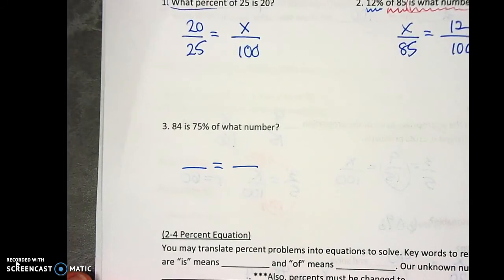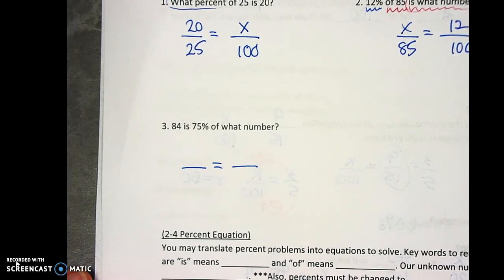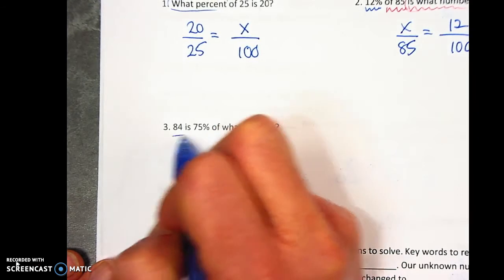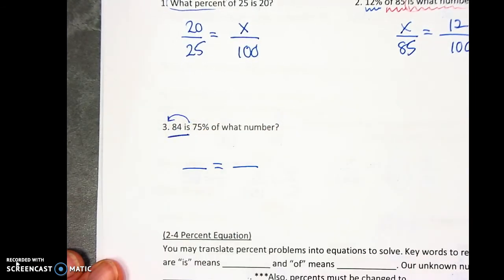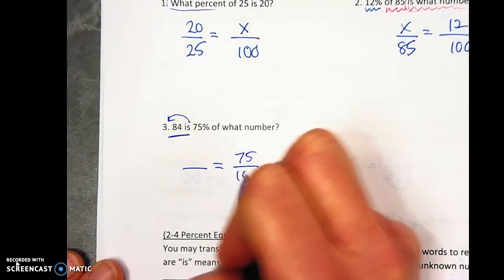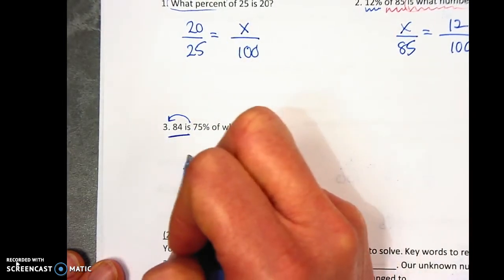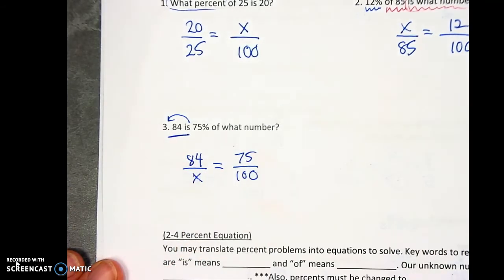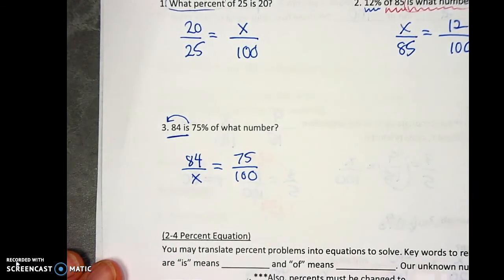And the third one, 84 is, now the is isn't always in front of, sometimes it's right after. 84 is 75% of what number? So 75 goes over 100. 84 is my part, and I'm looking for that larger number. That is my unknown.